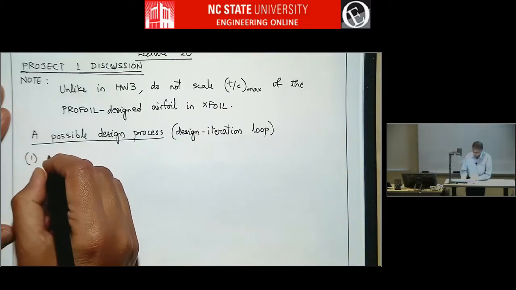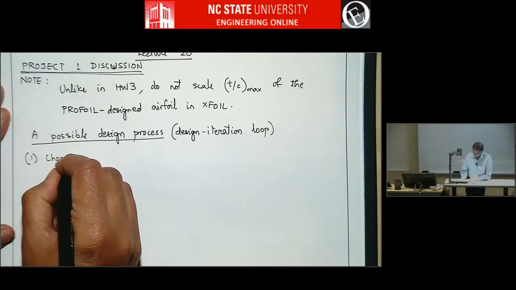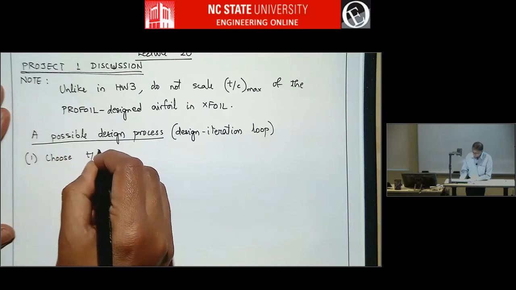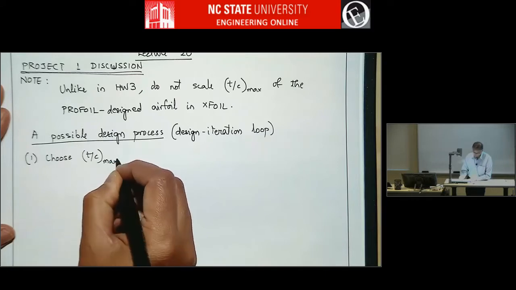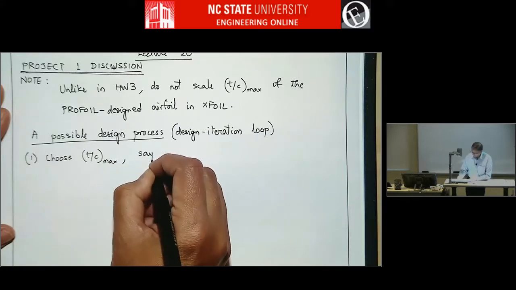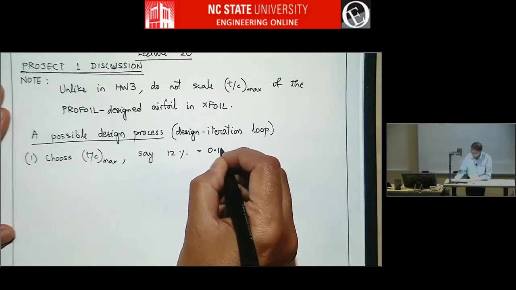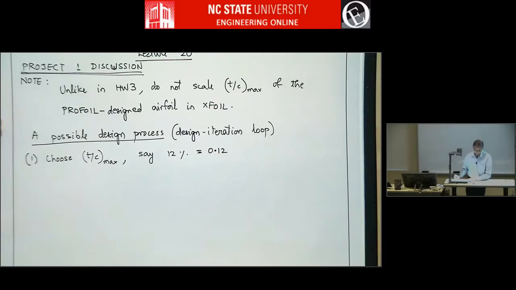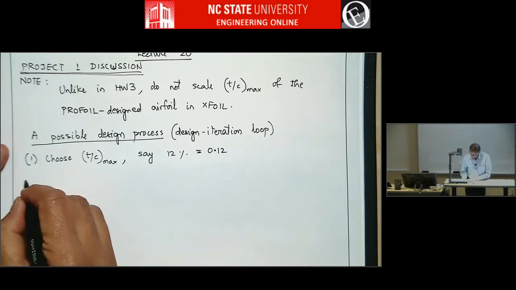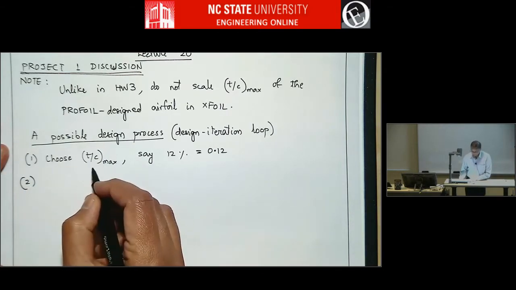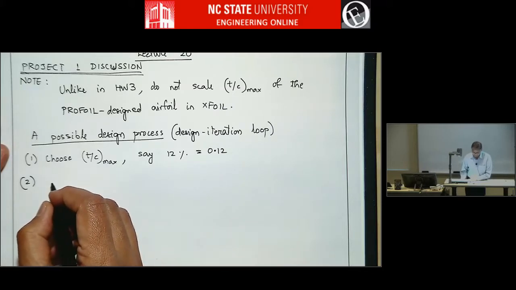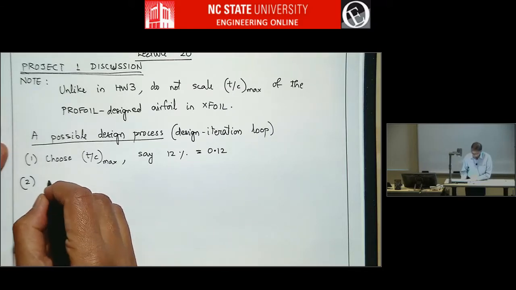Basically, first thing, choose a T over C max, let's say 12%, which means 0.12. Once you choose this, this will decide the physical chord.